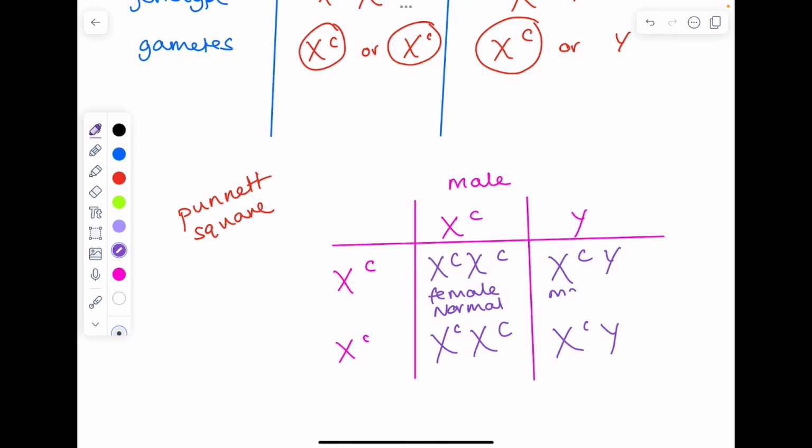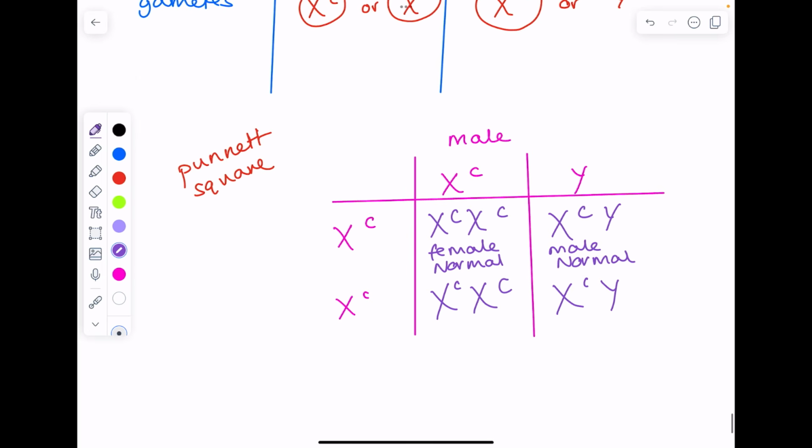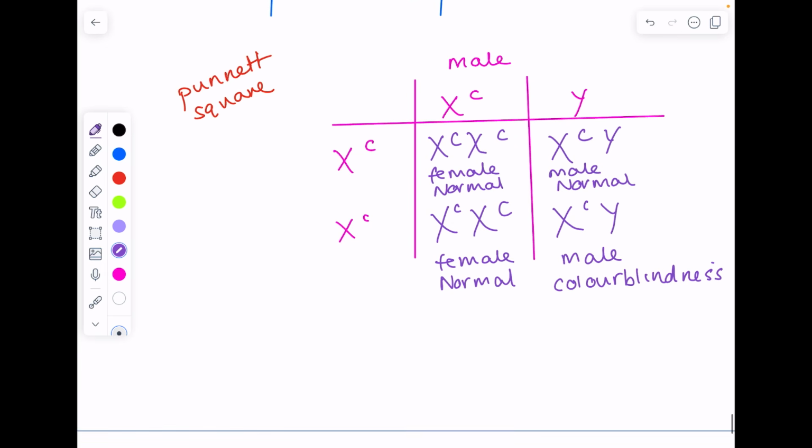Here's a male with normal vision because they have that uppercase C. Here's a female, normal vision. Technically this one's a carrier. But then this one down here is a male with colour blindness because they have that lowercase c responsible for the red-green colour blindness. So in terms of outcomes, it's a 0.25 chance of being a male that's colourblind.